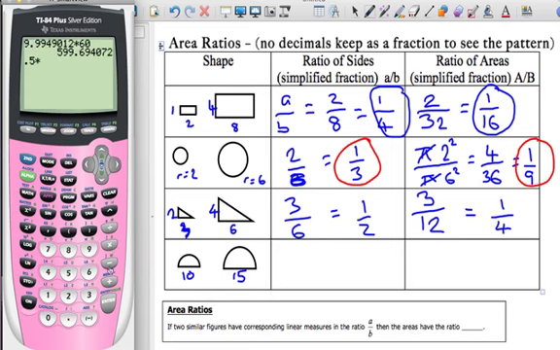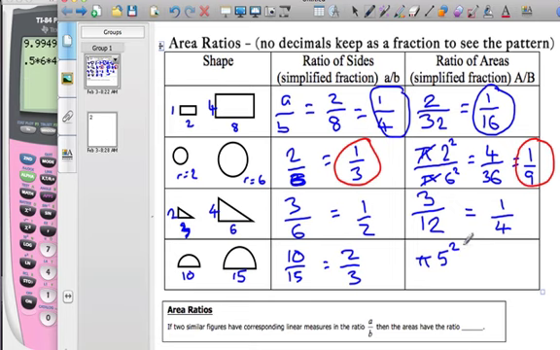Okay, these ones, semicircles. Let's try it. So we've got the lengths in the ratio 10 to 15, which is 2/3. Over here, what we basically need is pi times the radius squared divided by 2.